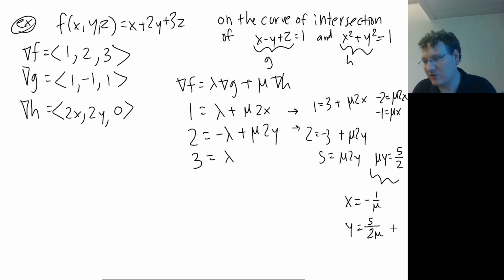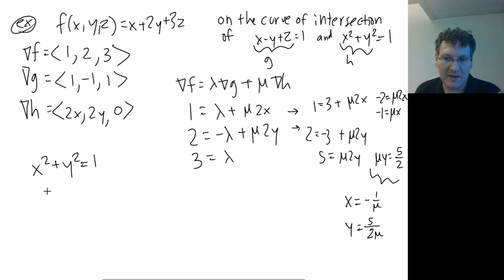And with those, we should be able to see if we can solve for mu, right? Well, you do that by plugging those into the function h. And so x squared plus y squared equals 1. That's going to be 1 over mu squared plus 25 over 4 mu squared equals 1.